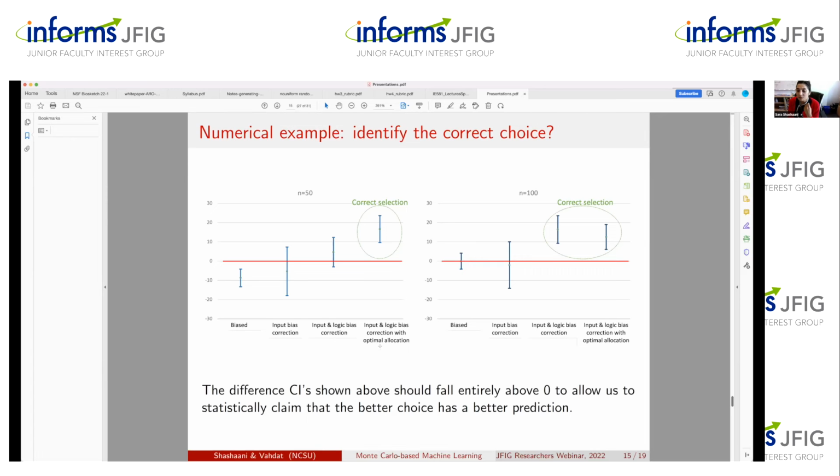But if I do the optimal budget allocation, because there's high variance, I am in fact able to find the correct selection, even with a small data set, right? When my data set is a little bit larger, I see that without the optimal budget allocation, I can still find the correct land. But it might make sense to take advantage of these optimal budget allocation strategies.